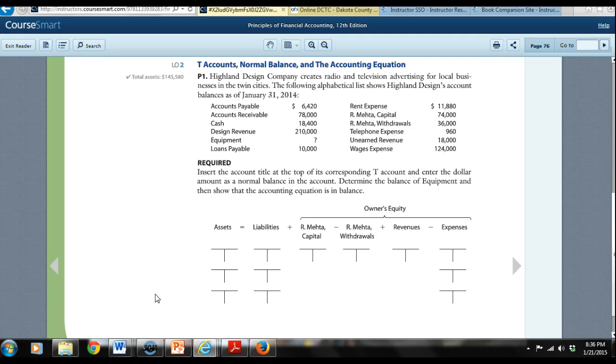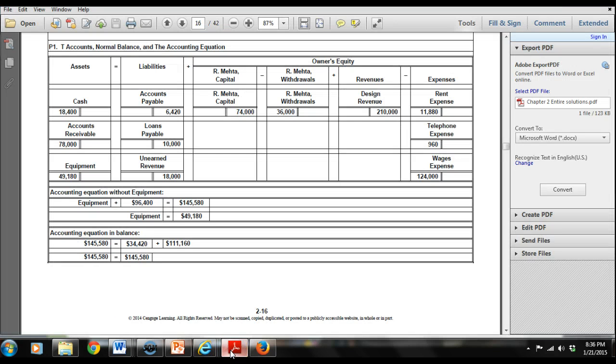So the goal here is to take those various figures and fill them in to this worksheet. And then from there, you don't know equipment, so don't pretend you see that it's 49,180.